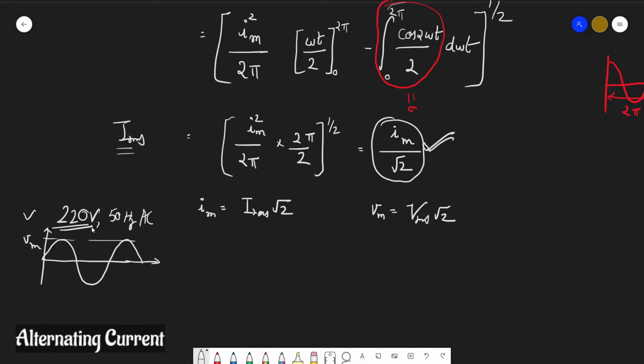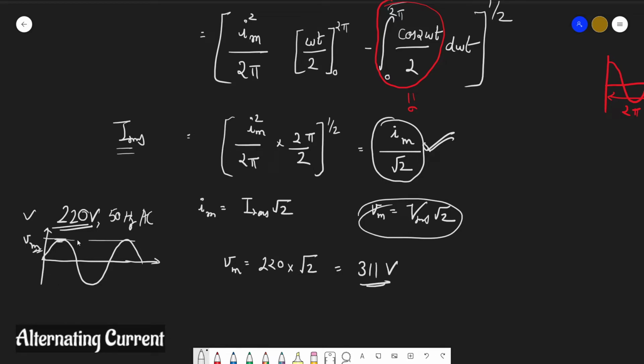So this was RMS. Now suppose I ask you what peak voltage you are receiving at home. You can easily find it by this expression, which is the maximum value. This value you are getting as RMS 220 multiplied by root 2, which will be, if you calculate 1.41, so around 311 volts you will be getting.